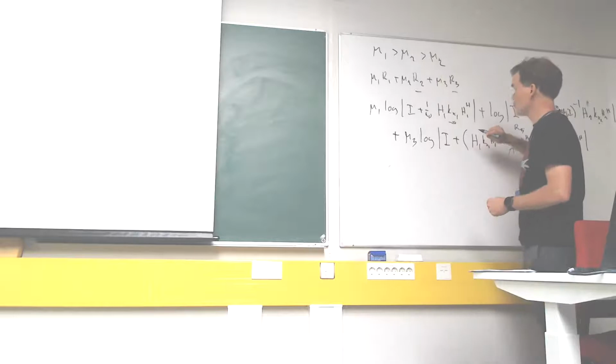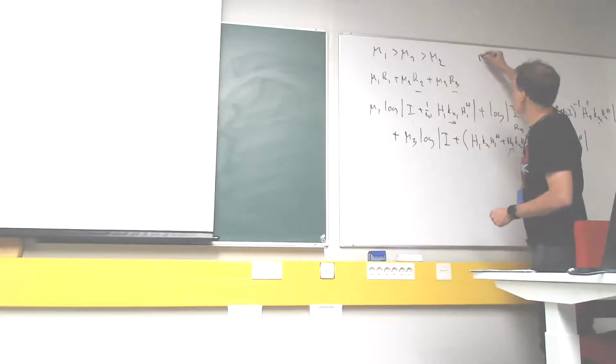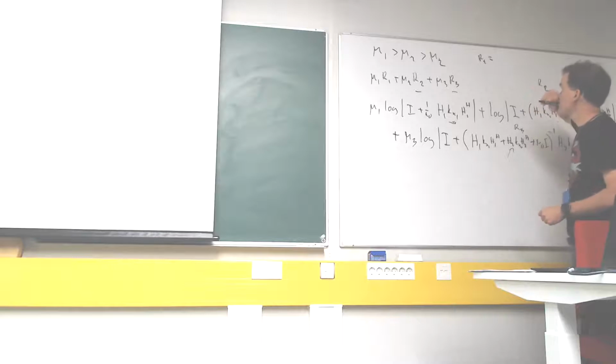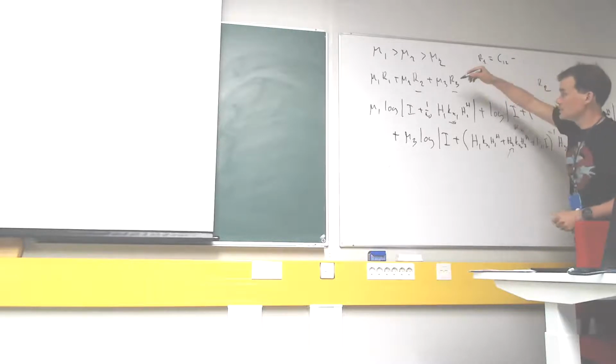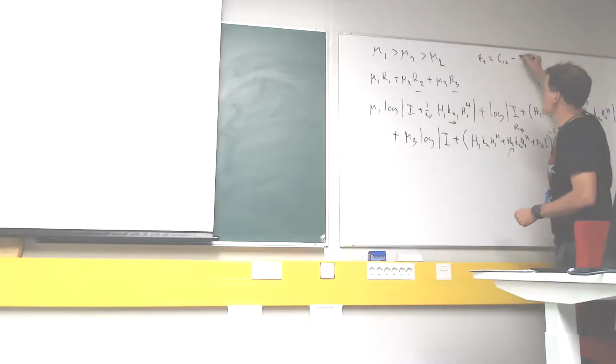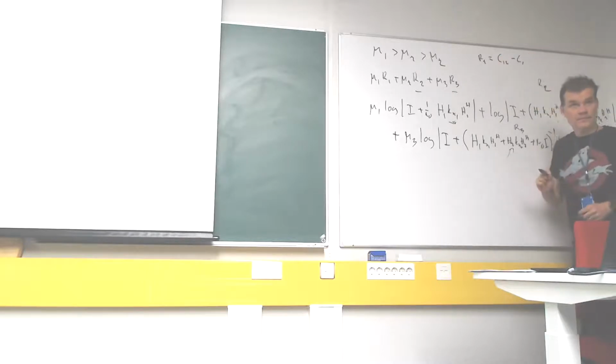R2 and R3. We write R2 to be the sum capacity of 1 and 2 minus the capacity of 1.